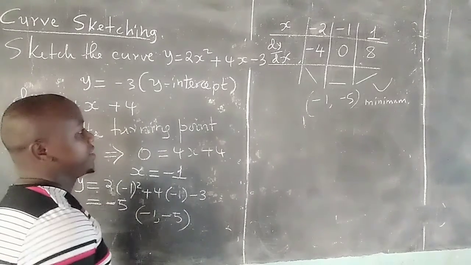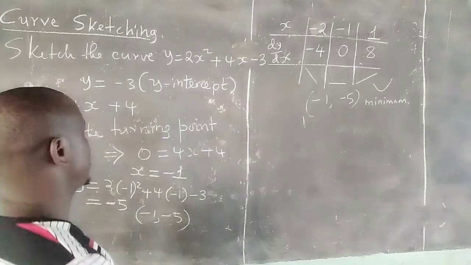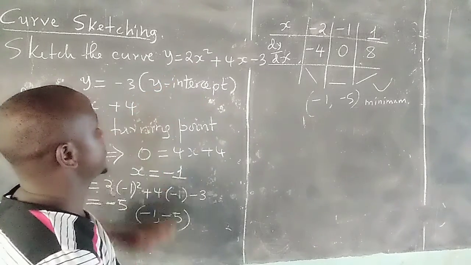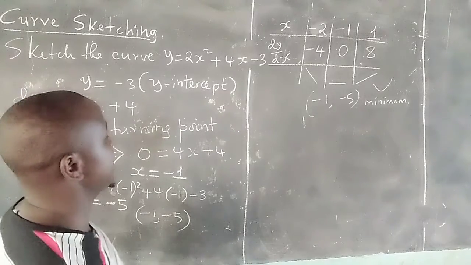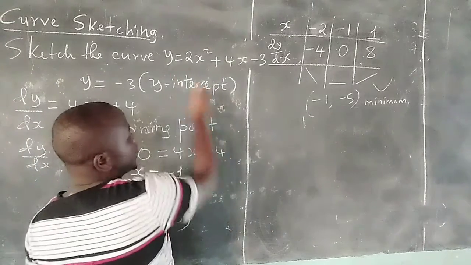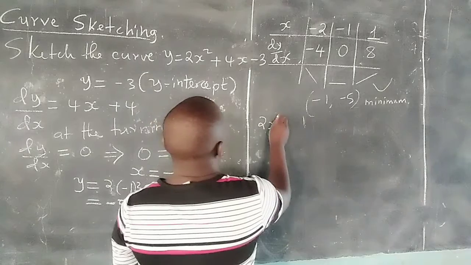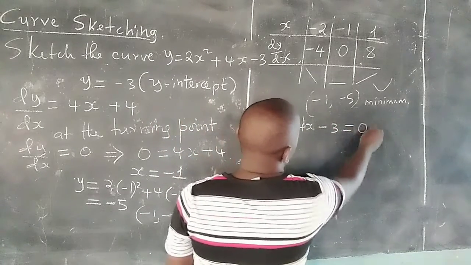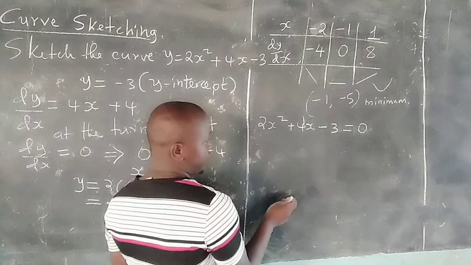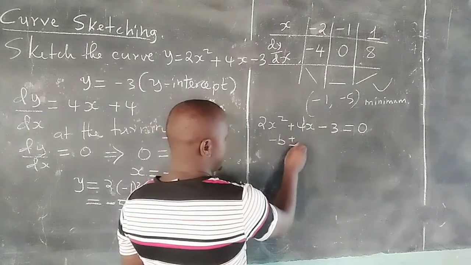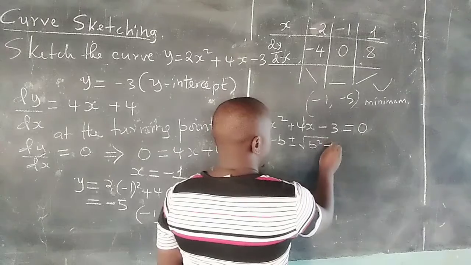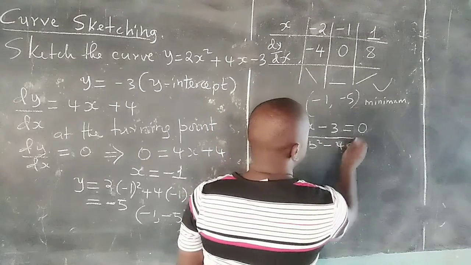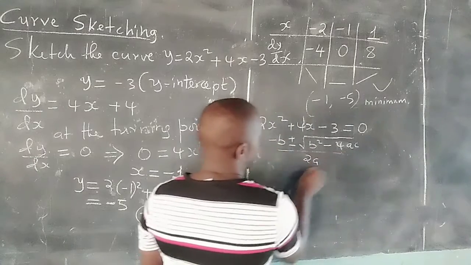After identifying the nature of the minimum point, because this is a quadratic curve, we can also know the 2 x-intercepts. To know the x-intercepts, we ought to solve the equation by saying that y equals 0. Therefore, 2x squared plus 4x minus 3 equals 0. To solve quadratically, we can use the quadratic formula, negative b plus or minus the square root of b squared minus 4ac, divided by 2a.